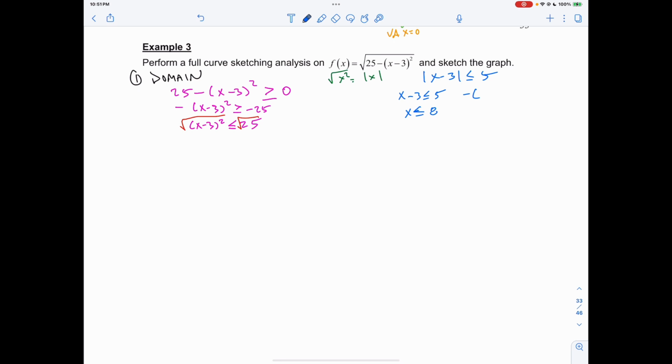If the negative of x minus 3 is less than or equal to 5, then x minus 3 is greater than or equal to negative 5, which means that x is greater than or equal to negative 2. And if I put all of that together, then I get a domain of negative 2 is less than or equal to x, which is less than or equal to 8. All right, so I have my domain.